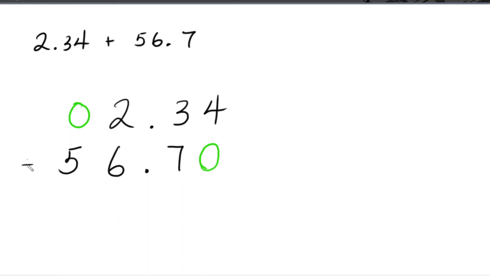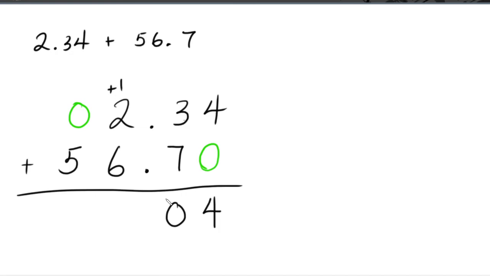Now I can go ahead and add these. And the addition step is going to be the exact same thing as if you were adding whole numbers. We're going to go 4 hundredths plus 0 hundredths. That's just 4. We're going to add 3 tenths with 7 tenths. That's going to be 10 tenths, which we know is really 1 whole.